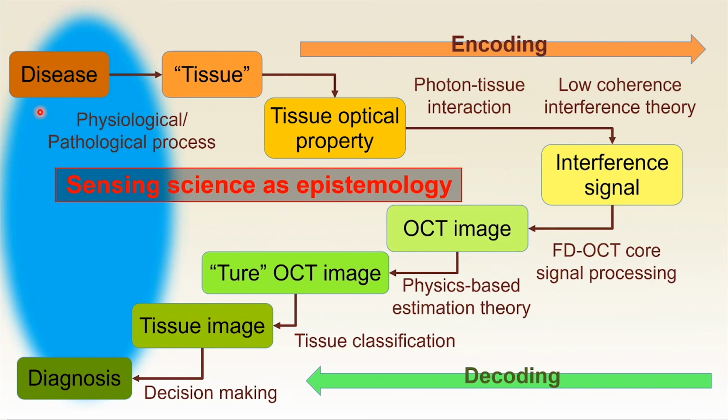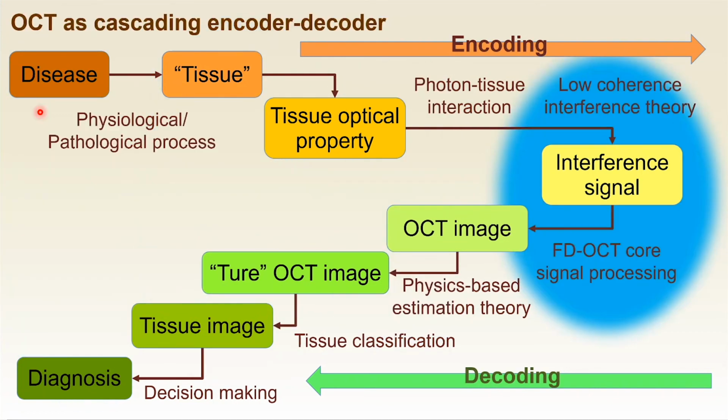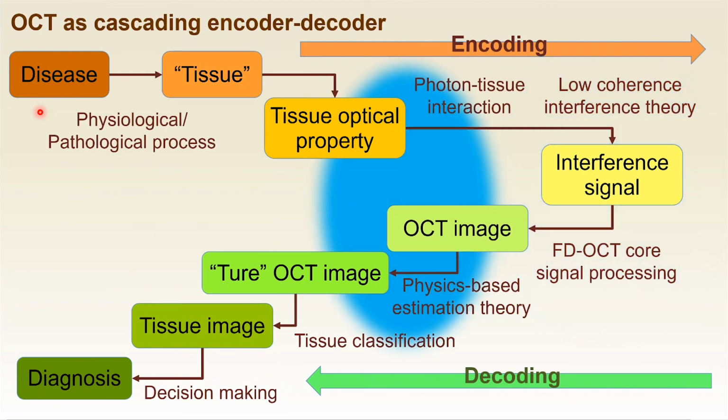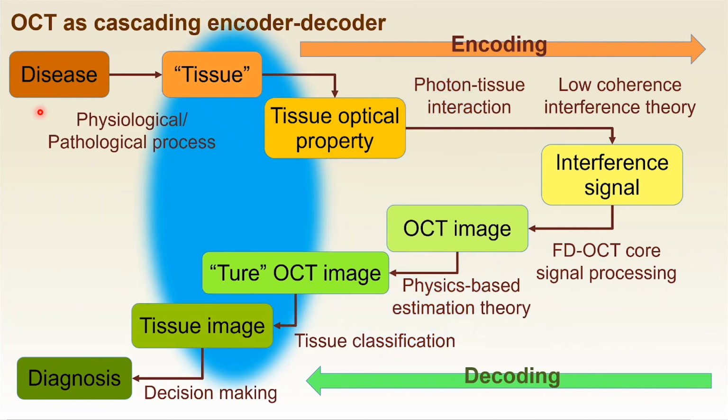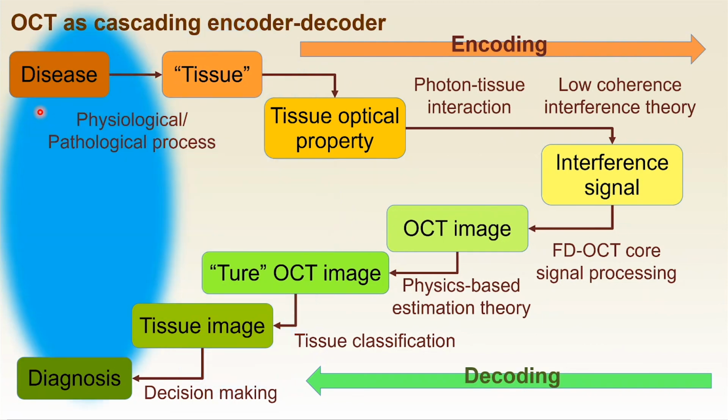When I was a student, I thought I was working on the interferometer. It's just a very straightforward measurement. But starting to make this interferometer into the OCT, I became aware we are measuring the biological structure. And then I started the signal processing, thinking that I'm measuring the tissue. And finally, we are reaching the point of measuring the conception, disease.